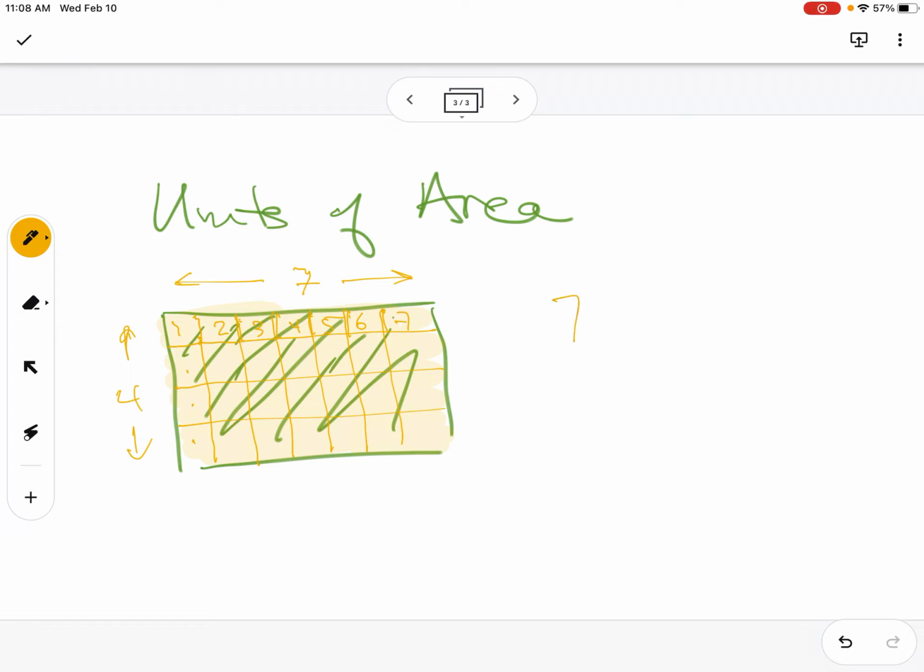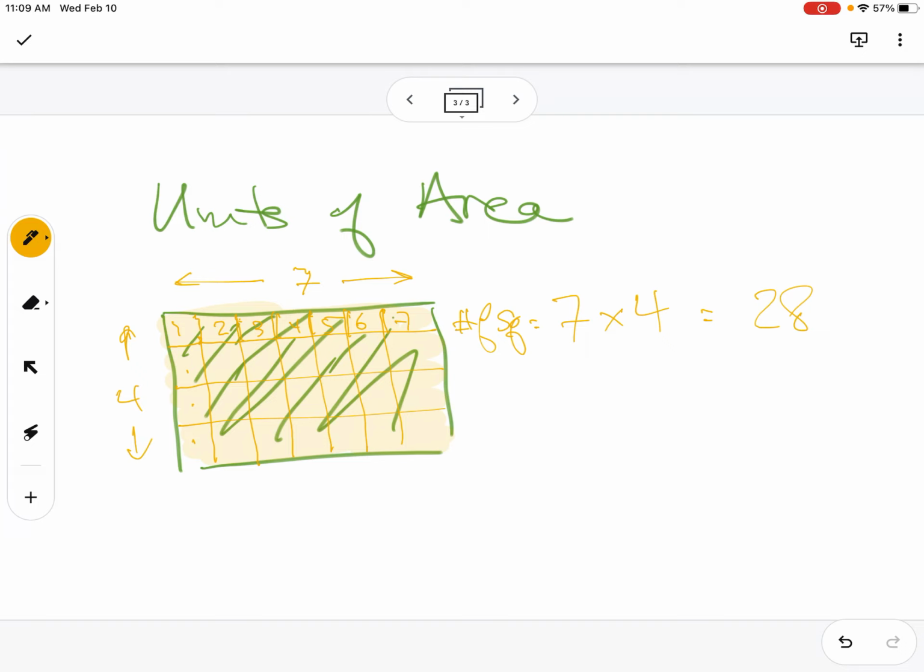I've got, in other words, the number 7 four different times. And I know from using mental math that 7 times 4 is 28. So the number of squares I've got here is 28. So I could say that the area of this rectangle that I've drawn is 28 squares.